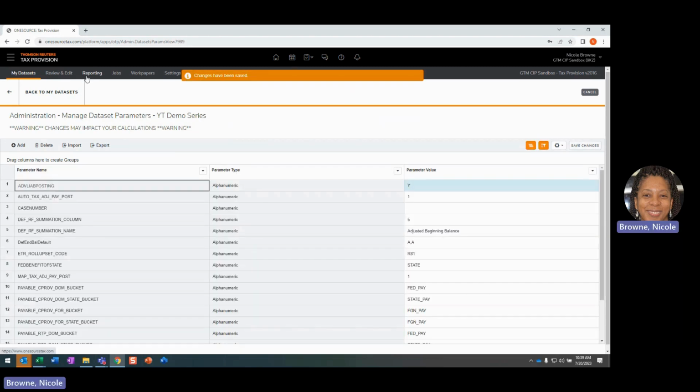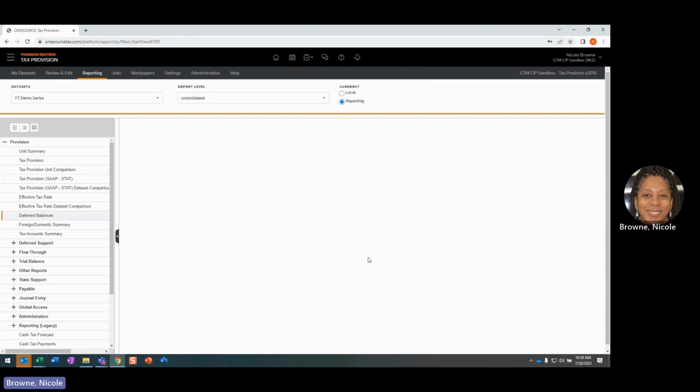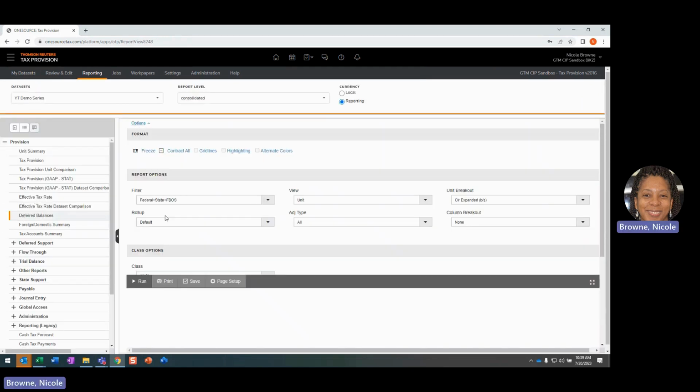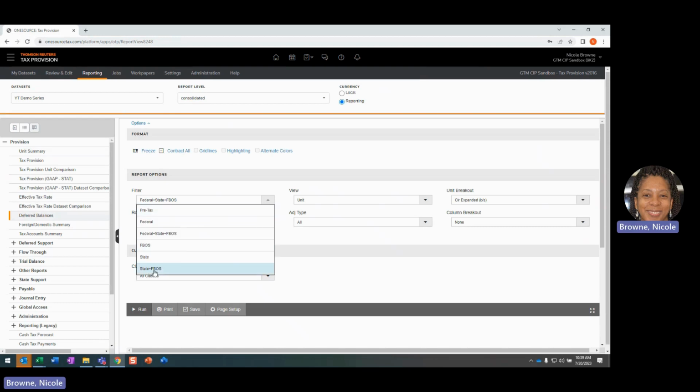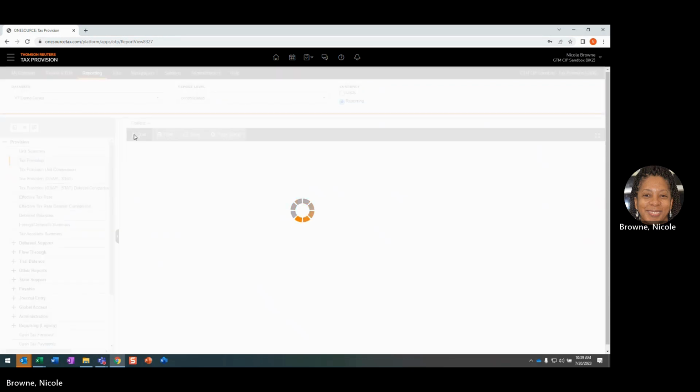Okay, and now I'm going to first go to my deferreds. And you will see that now my options have attached the FBOS to the state area instead of the Fed that you'd seen before. And now I'm going to run the provision again. And we're going to take a look at those two areas we just saw.